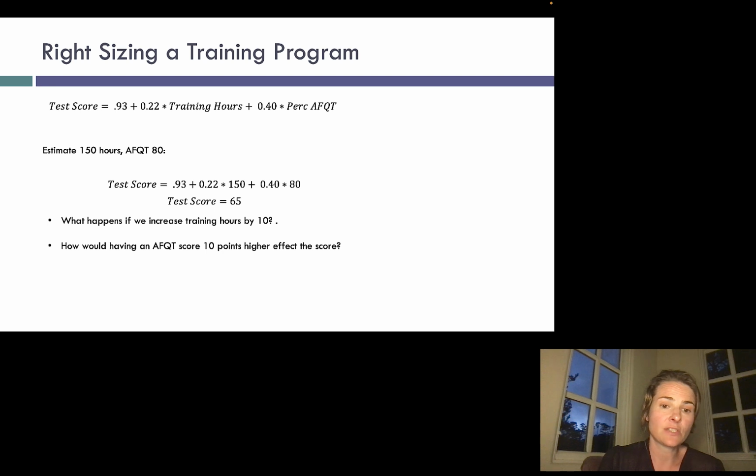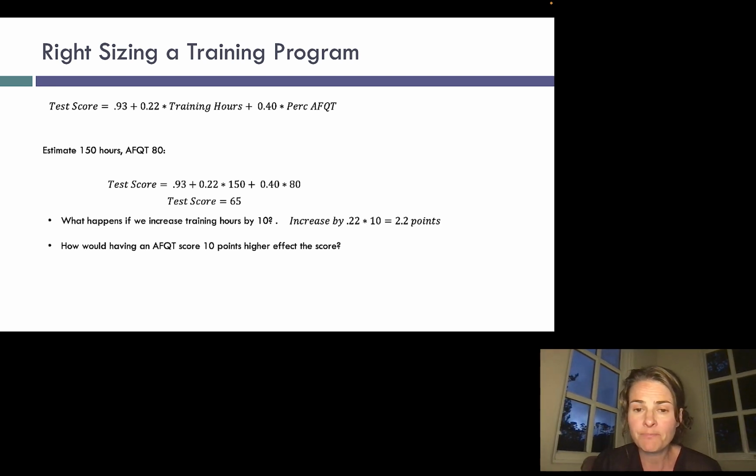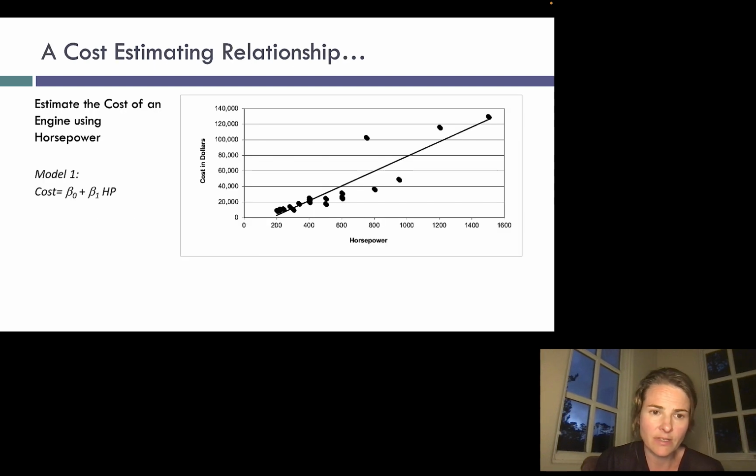So we can ask questions like, what happens if we were to increase training hours by 10, or how would having an AFQT score 10 points higher affect the score? An additional 10 training hours would get you 2.2 points, and increasing AFQT scores by 10 would get you an additional 4 points on these tests.